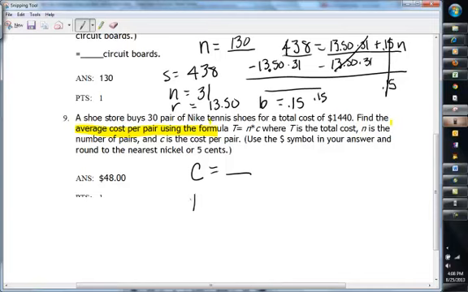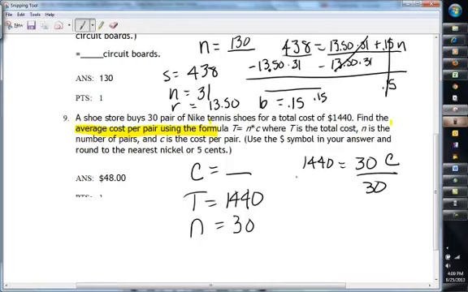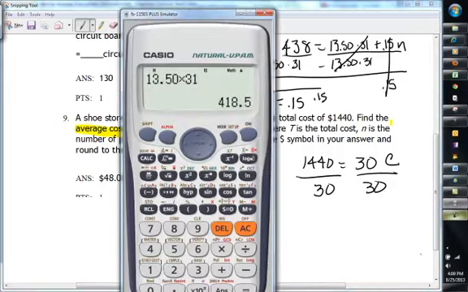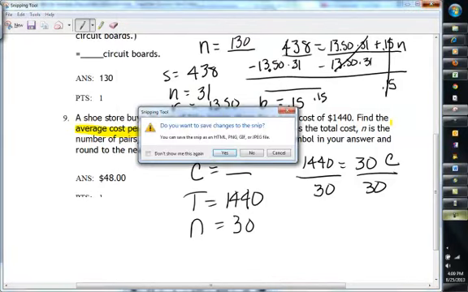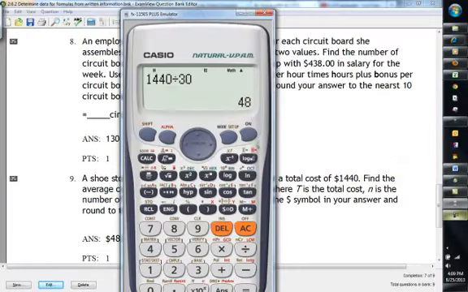The total is $1,440, and the number of pairs is 30. So $1,440 equals 30C. Divide both sides by 30. 1440 divided by 30 gives us $48 a pair, 48.00. All right, I think that takes care of it.